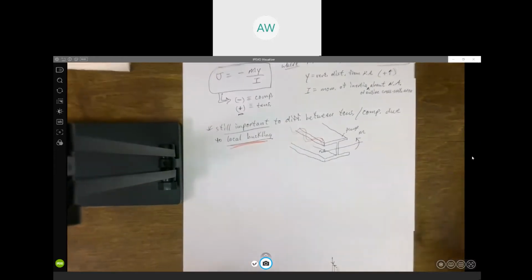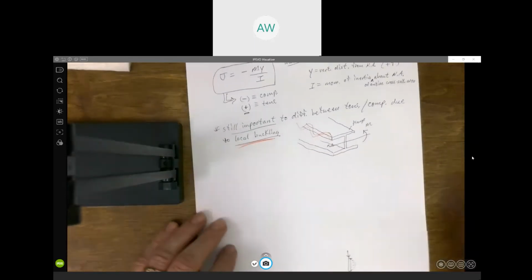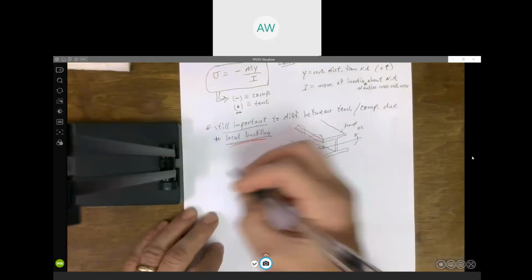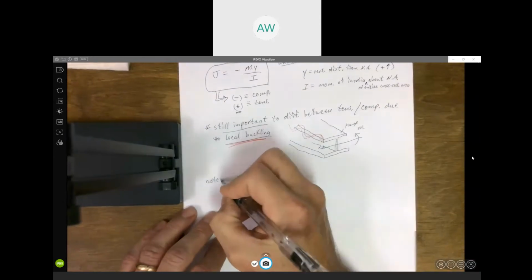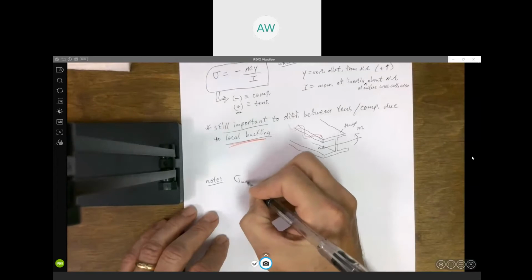Last thing I'll mention, because we're just about out of time, is you will see this formula in your textbook, I'm pretty sure. If not, I know a bunch of sources, you'll see this formula.